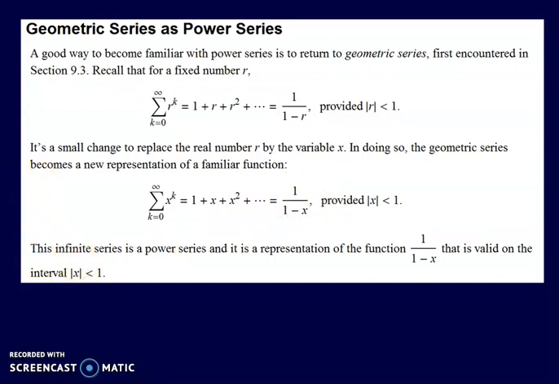And so in this context here, as we introduce the terms radius and interval, what we're going to say is that this power series has a radius of convergence of 1, because if any value of x is within 1 unit of 0, the series converges. And I'm going to just make a note of that here.